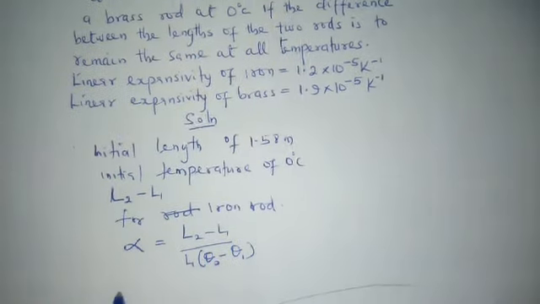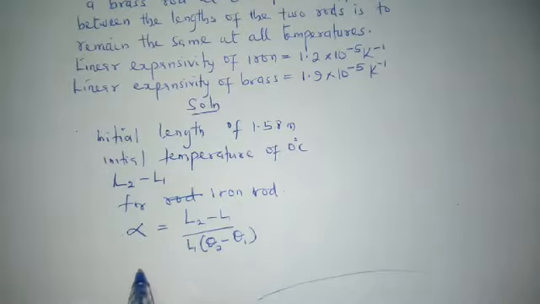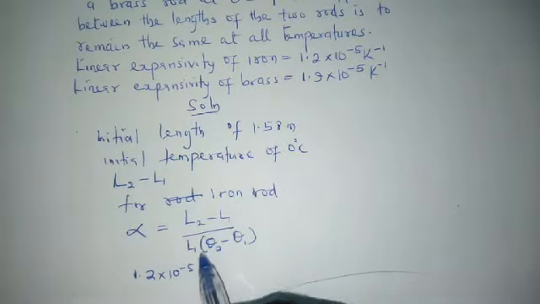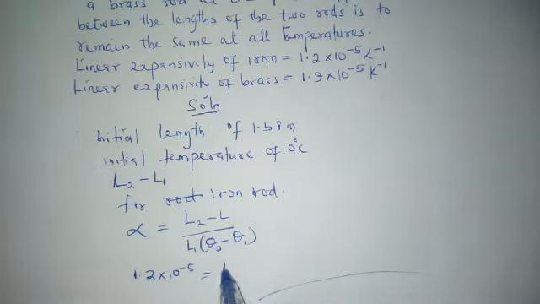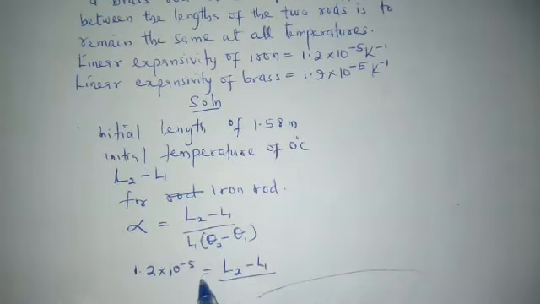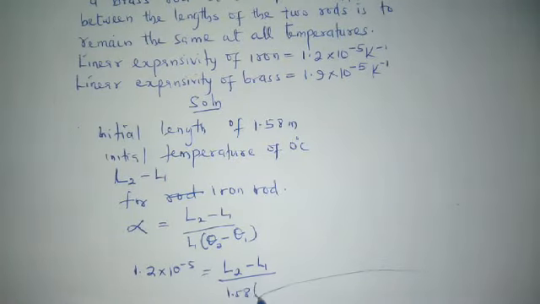And from our question, the linear expansivity for iron is given as 1.2 times 10 raised to the power of minus 5, which is equal to, since they gave us that the difference between the two lengths is the same for both materials, I'm going to leave this as L2 minus L1 over, now we know that the L1 for the iron rod is 1.58, open bracket.